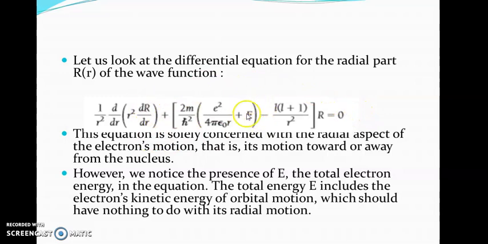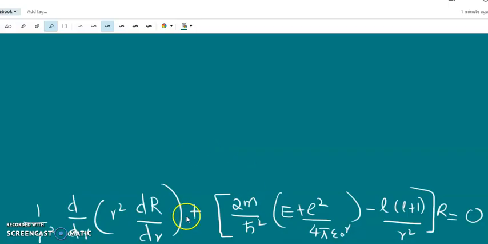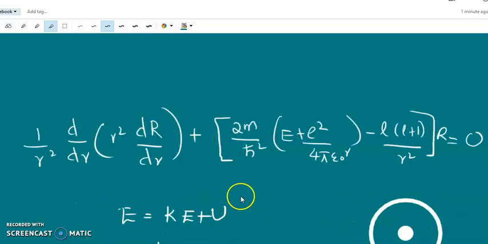This equation is solely concerned with the radial aspect of the electron's motion, that is, the motion towards or away from the nucleus in the radial direction. This one is our radial equation.